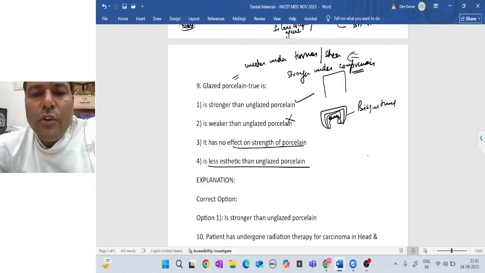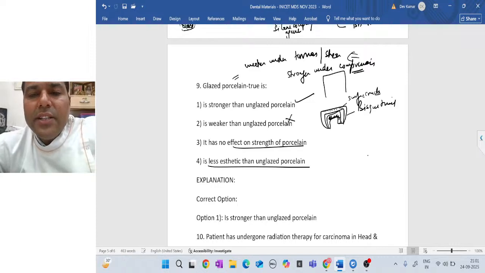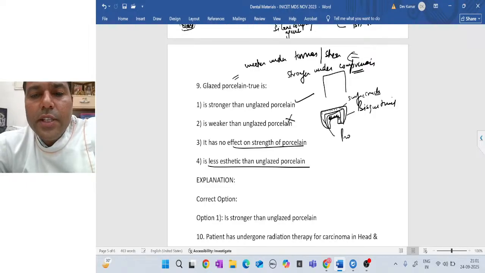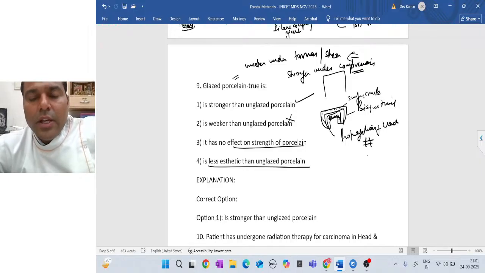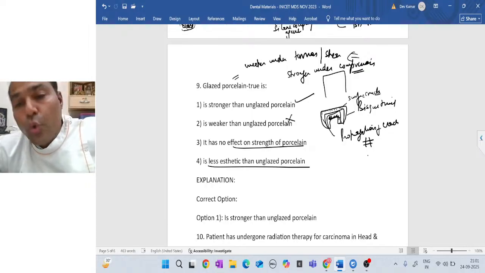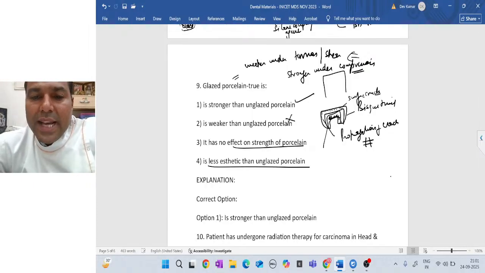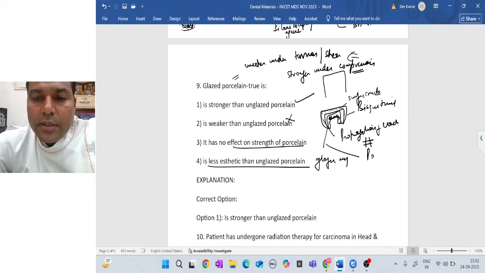Now because of all this, there might be some surface irregularities and surface cracks, and we all know that if there are surface cracks, there might be propagation of the cracks, and the ceramic might fracture under tension forces. Do you want that to happen? No. So because of this, either I glaze my porcelain or I polish it.